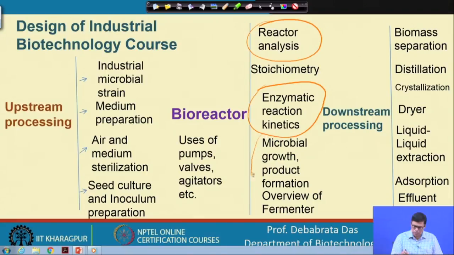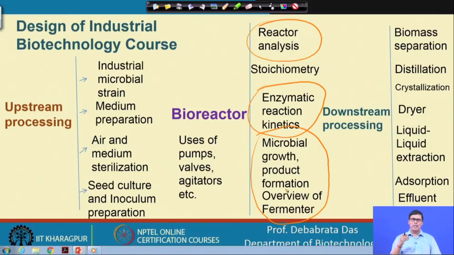Then microbial growth, product formation, and substrate degradation, all these things are very important. In the biochemical process, I told you that in a chemical process, as your product changes, your raw material changes, but in the biochemical process the same raw material can give n number of products; what we change is the microorganism.